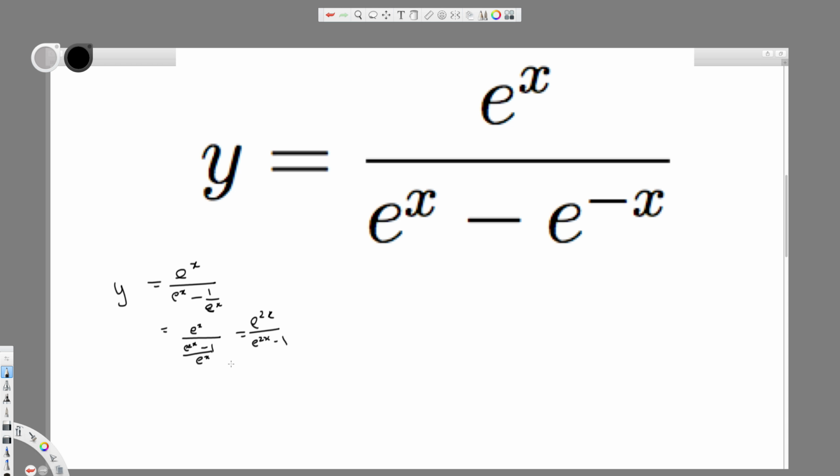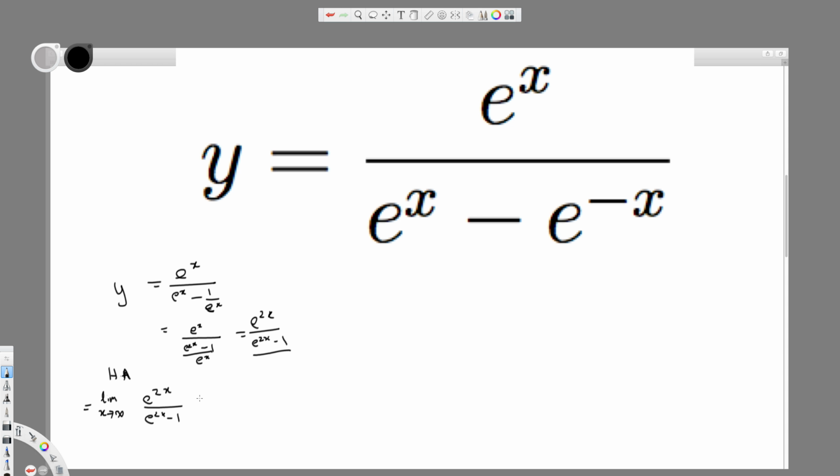First of all, I would like to begin with the horizontal asymptote. To find the horizontal asymptote, we need the y value when x is infinity. In order to do that, I use the limit approach. So the limit as x approaches infinity of e^2x over e^2x minus 1.